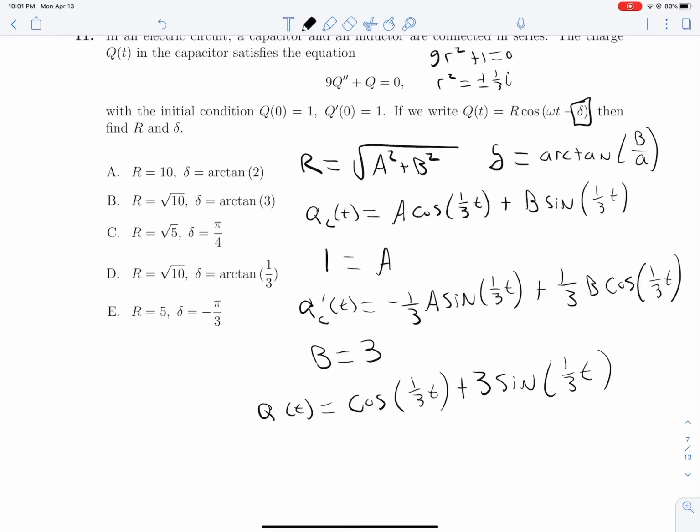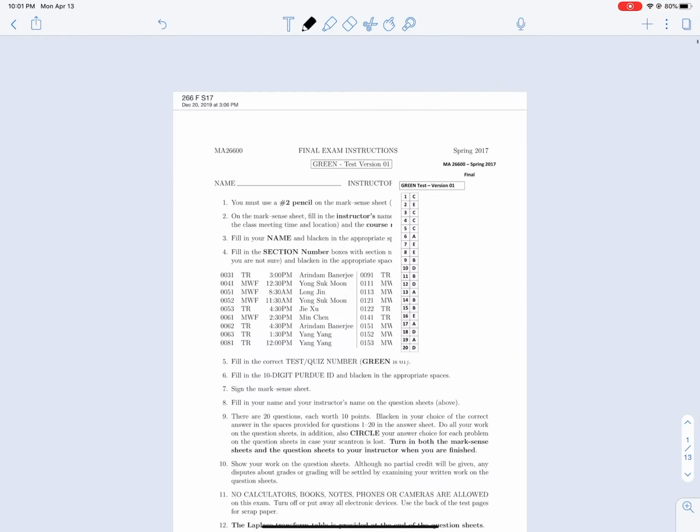We said that delta is equal to the arctangent of b over a, so b over a is 3, and we said that r was equal to the square root of b squared plus a squared. That'll be 9 plus 1, so root 10. And so we get B for 11.